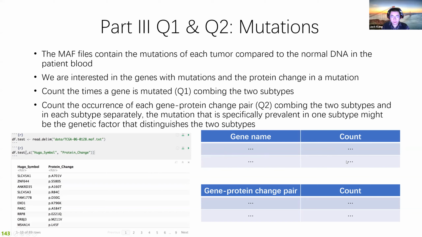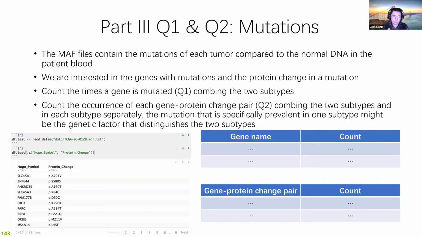And in question 2, we want you to compare the gene protein change pair you identified in each subtype separately, and the mutation that is specifically prevalent in one subtype may be the genetic factor that distinguishes the two subtypes.